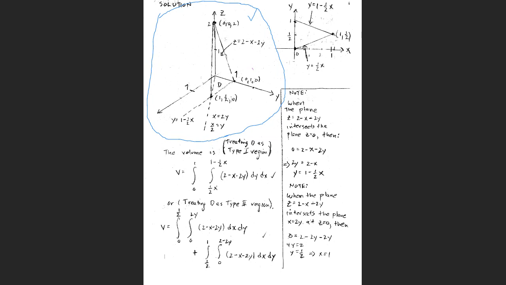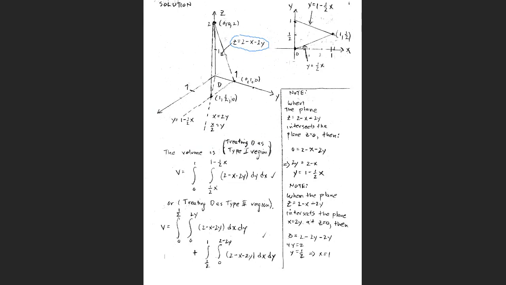Okay, so, all right. So I rewrote the plane as z equals 2 minus x minus 2y. So when z is a function of x and y, you get a surface. So I write the plane that way. And okay, well, how am I getting these intercepts?